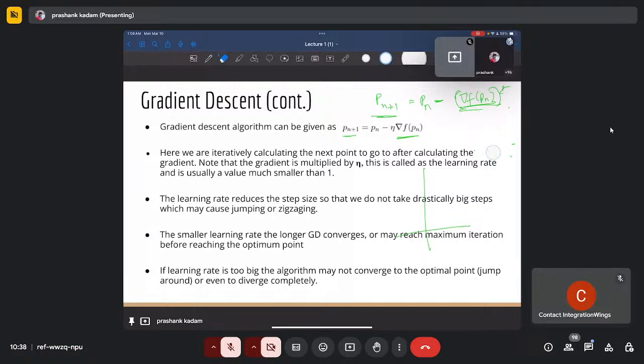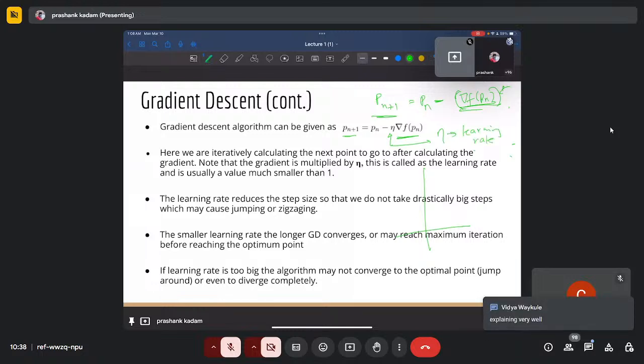So to do this, we add another term, this n over here, which is also called the learning rate. This is a value much smaller than one.